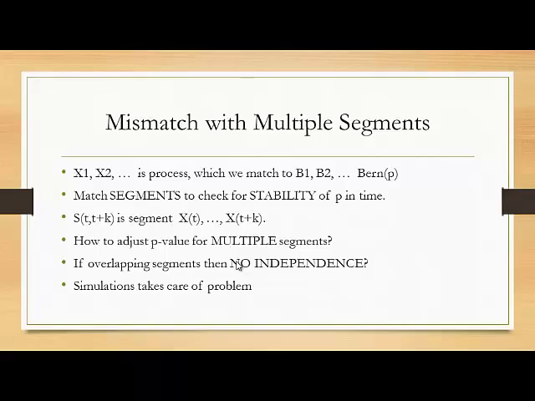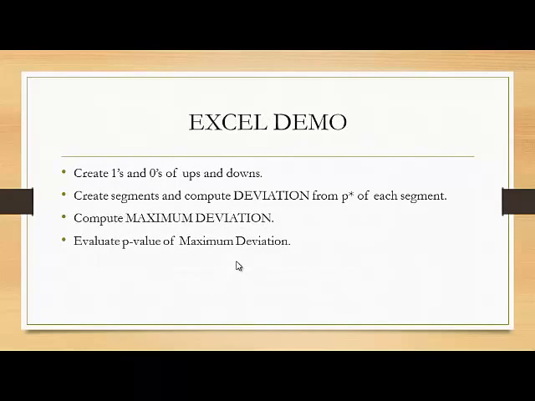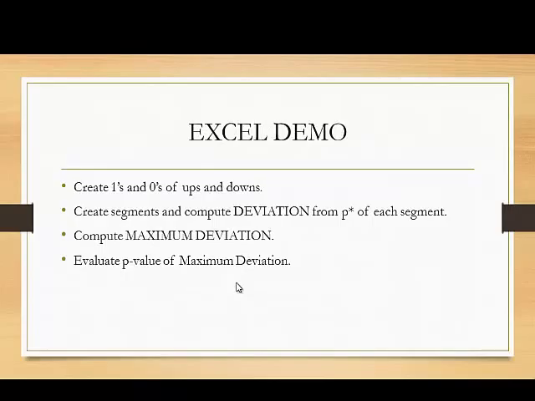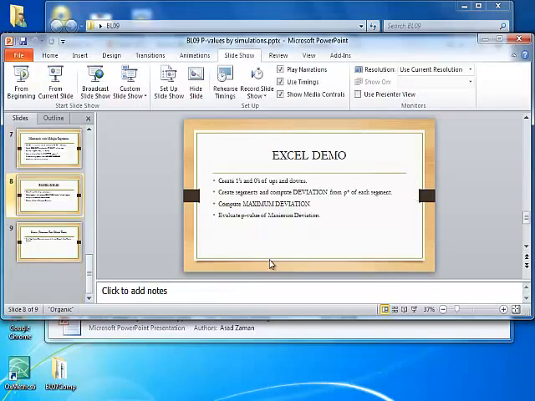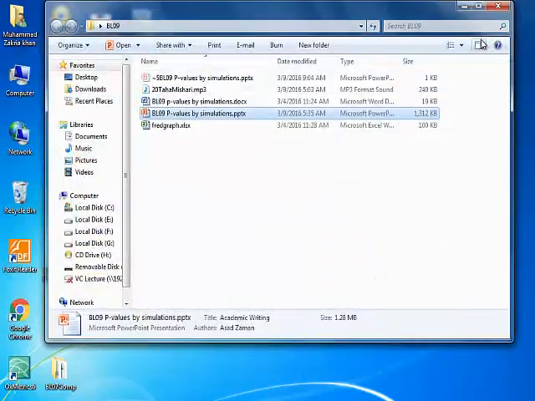Maybe even in this case you could do it, but you have to do very complicated analytical arguments, very difficult theory. So the simulation method is very easy because you don't need to do difficult theory. So I'm going to look at the Excel demo for this to show you how this is done.